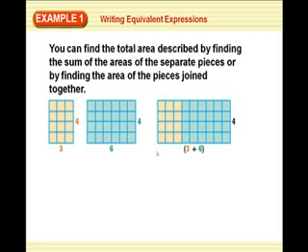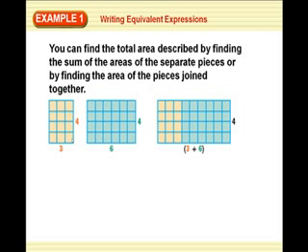So here's a picture of these pieces. There's one, the 3-foot by 4-foot, then the 6-foot by 4-foot. And notice if you put them together, they're still the same width. They're all 4, but the other is 3 plus 6. So what we can do for area is you could do it two ways.